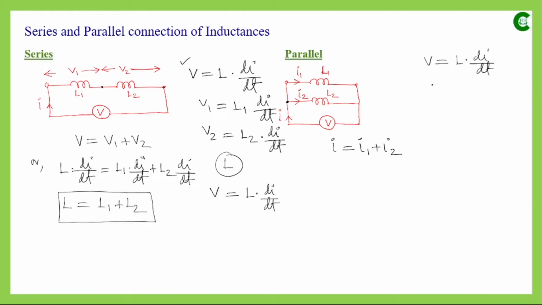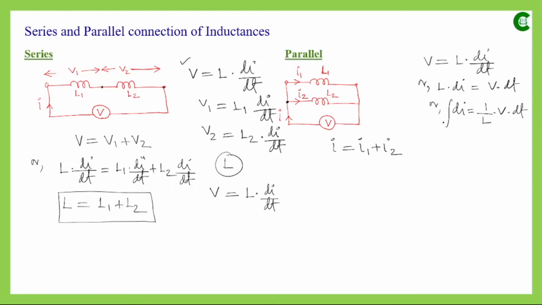And from this equation, if we want to express I in terms of voltage, then we can rearrange the terms this way. It can be written as L into di equal to V into dt. Now we can further write that di will be 1 by L multiplied by V dt.